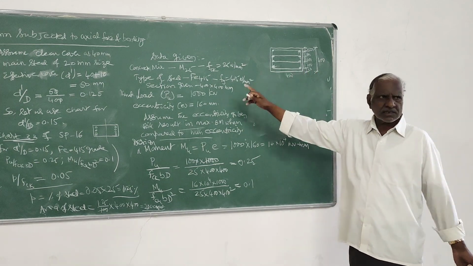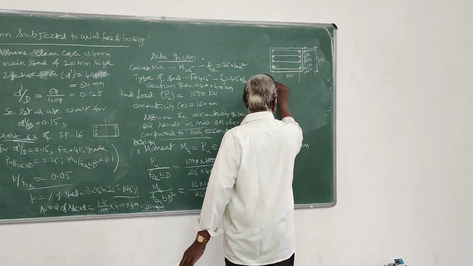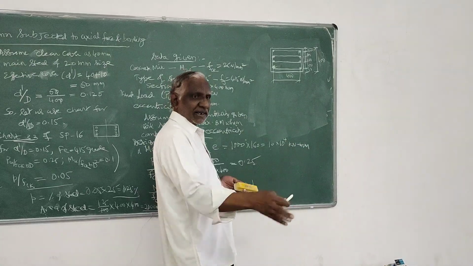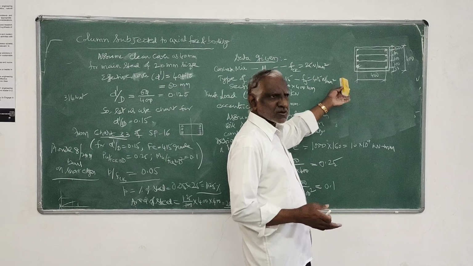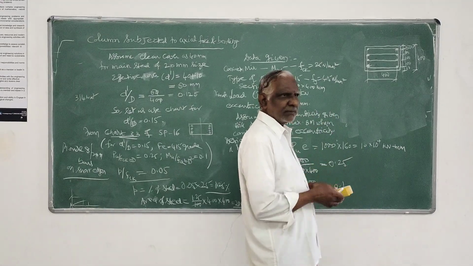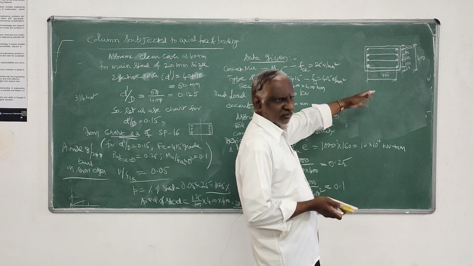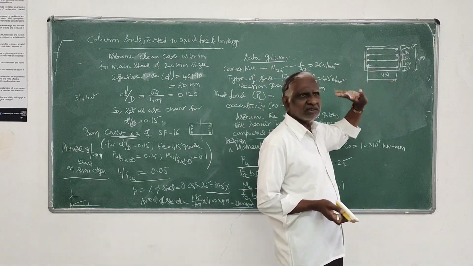This direction also, you don't have to bother, because as per the code provision, this distance should not be more than 48 times the diameter of the ties. We use ties of 6 mm. So 6 mm into 48 comes to around 288. With 50 cover gone, it will be well within that limit.